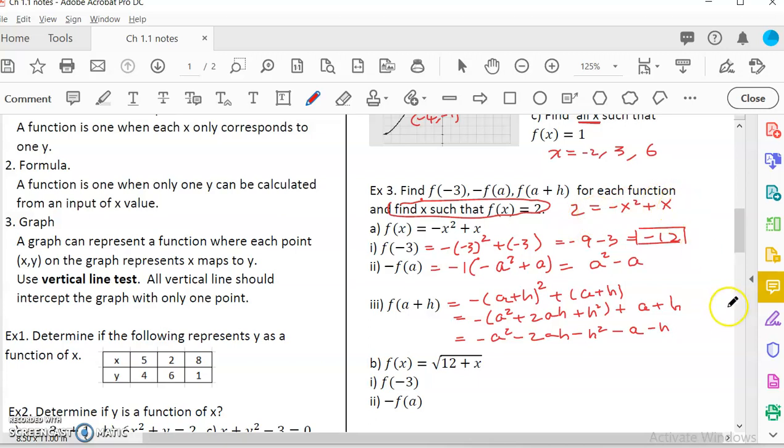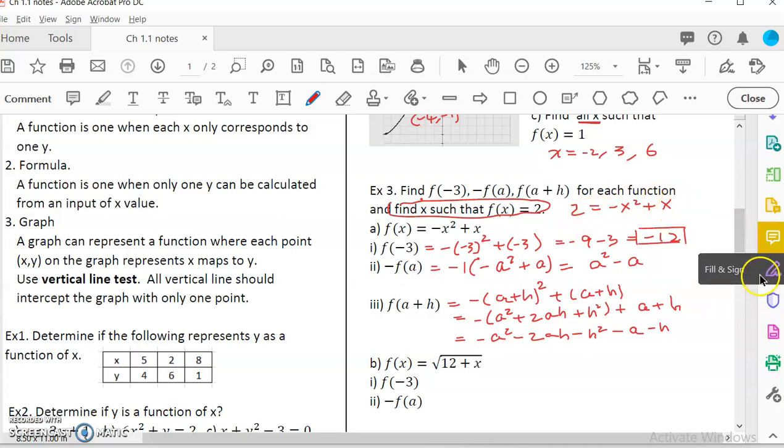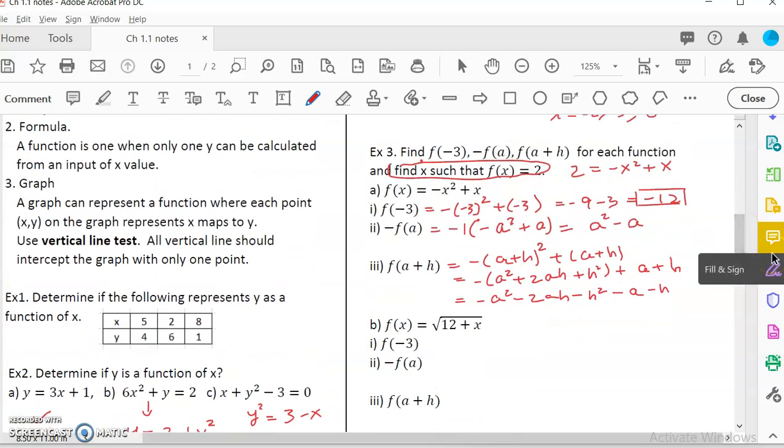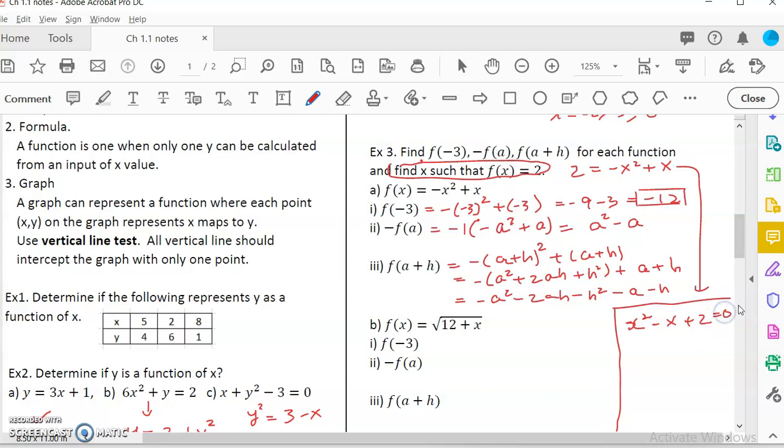Let's move down here a little bit, maybe I'll use some space here. So this is a quadratic equation. So it becomes x squared minus x plus 2 is equal to 0. So you have to move everything to one side and try to factor.